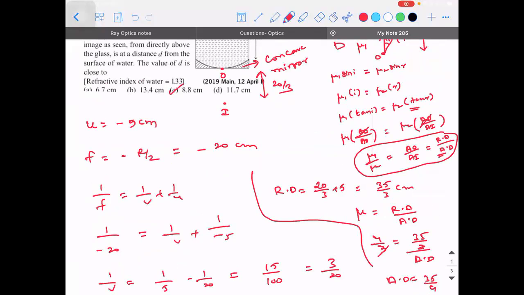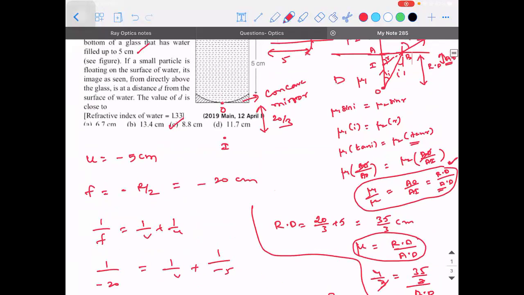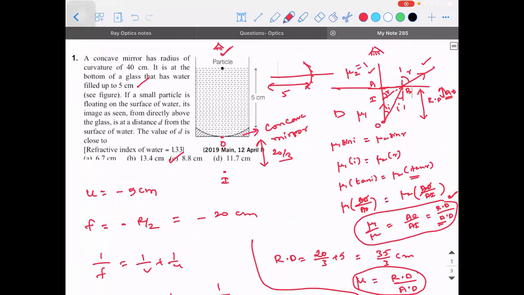Do you understand? Sir, I can't understand the last step. Which step? This one? This is a formula. Yes, sir, below that. Refractive index of a medium is equal to real depth divided by apparent depth. See, they have put mu1 by mu2. Generally mu2 will be 1.